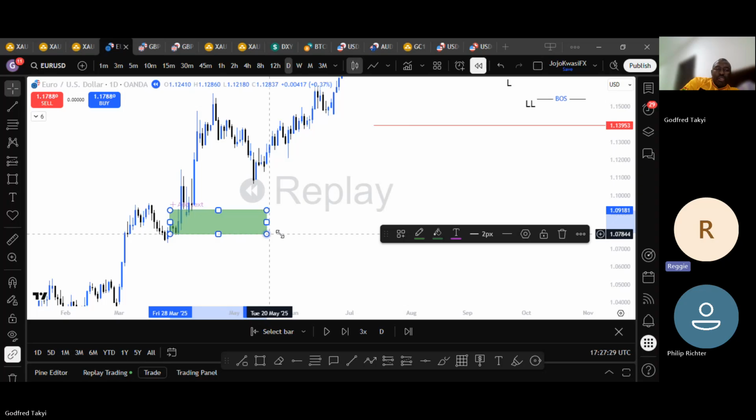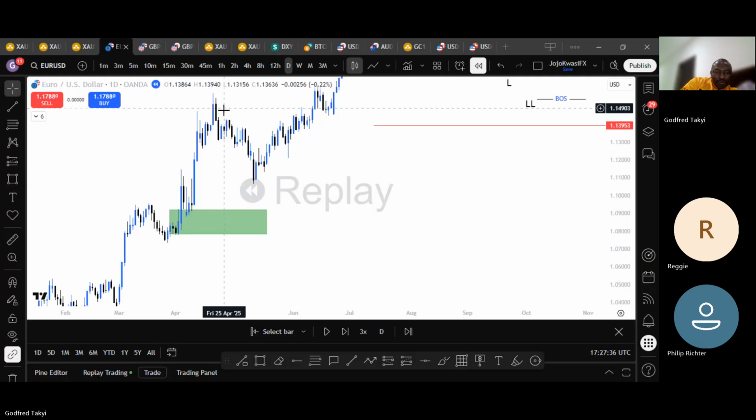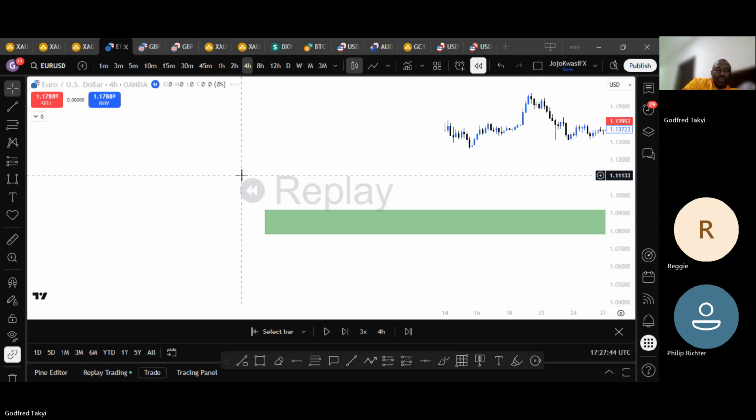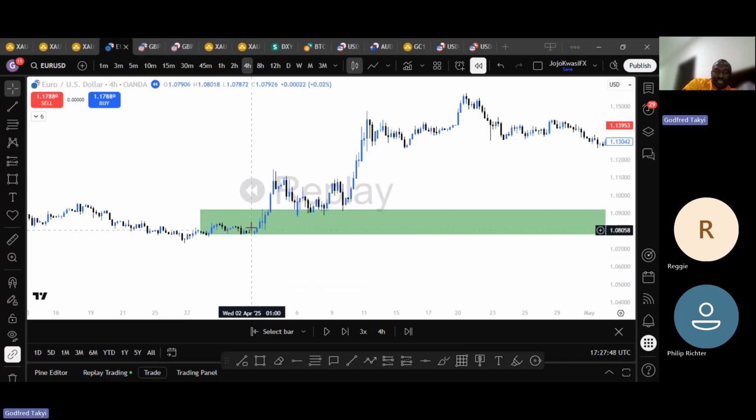You see that price returned to it, and it went back up, and it went up aggressively. You can go to a lower time frame like 4 hours. If you come here, it looks different because it's multiple candles.